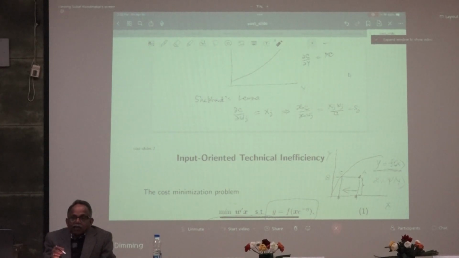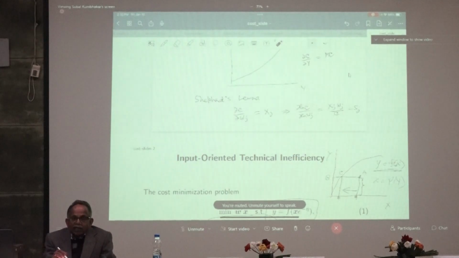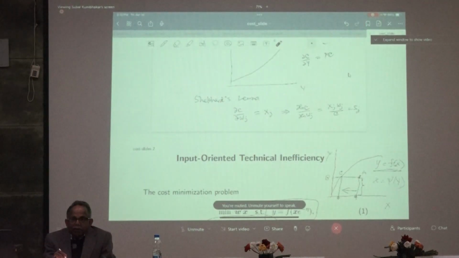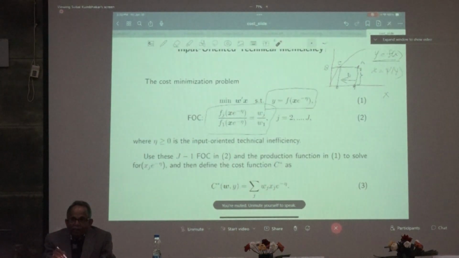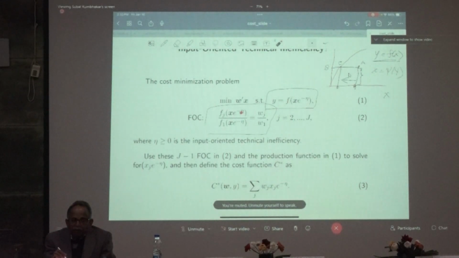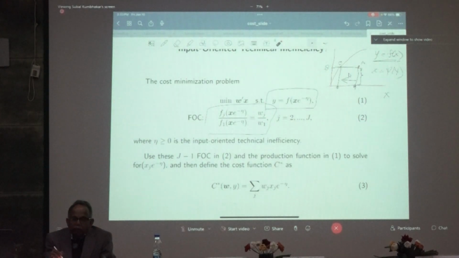Okay, so if you write down the first order condition, it's going to be exactly the same. The argument is not going to be x, but x times e to the power minus eta. You keep that type of change in your mind, and the right hand side is going to be the ratio of input prices. So the point is that if you replace x before by x times e to the power minus eta, then these two things are exactly the same.